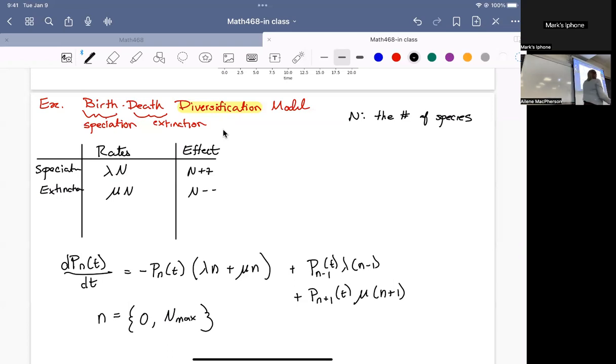So at some point, we have to pick a maximum number of species that we're going to consider, in which case we have to set P of n max plus 1 at all time t equal to 0. This is an approximation of the fact that we can't evaluate an infinite number of differential equations. So your answer was exactly right. All right. Any questions about master equations?